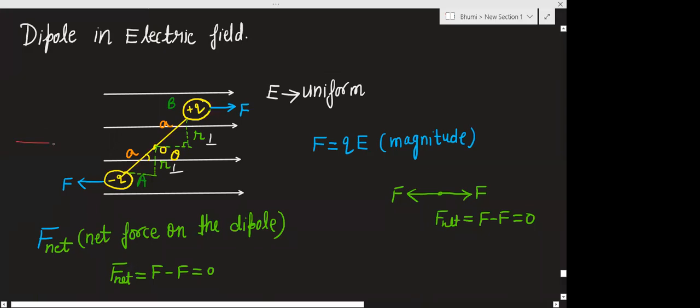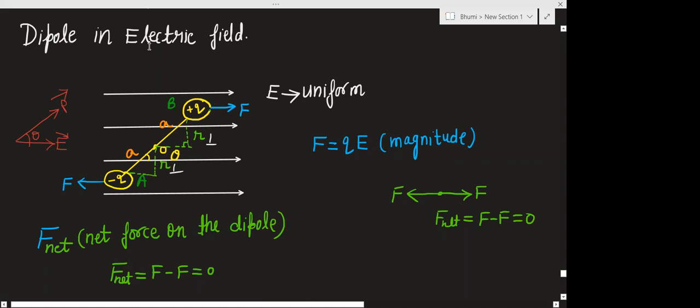One thing to note down: the direction of electric field is this, and the direction of dipole moment is this. Dipole moment is from negative to positive charge, and theta is the angle.